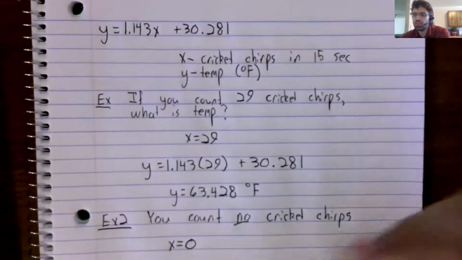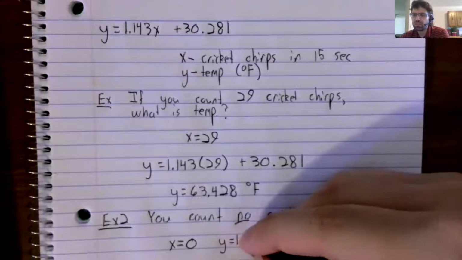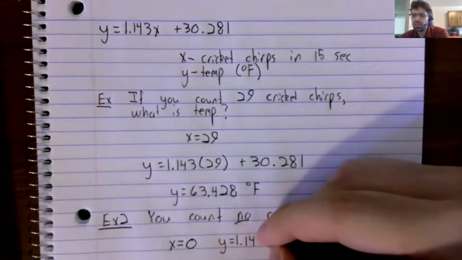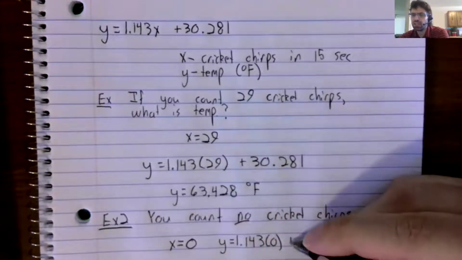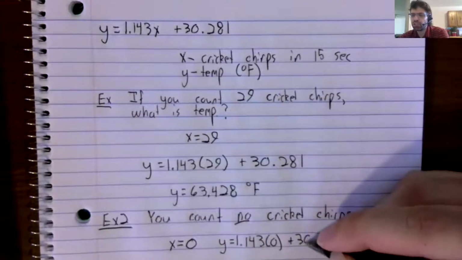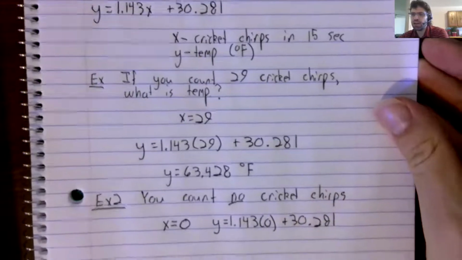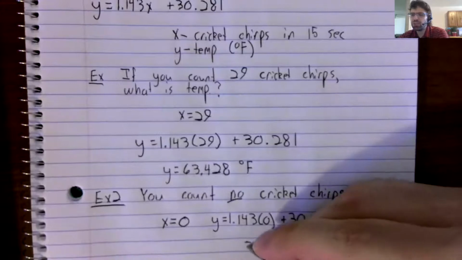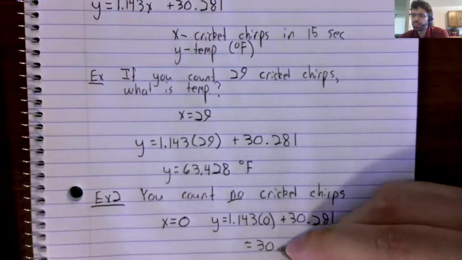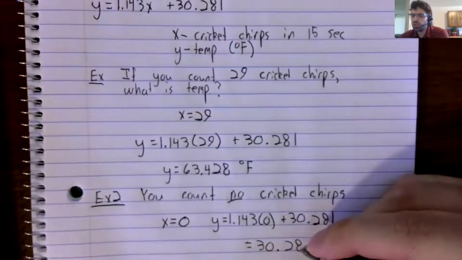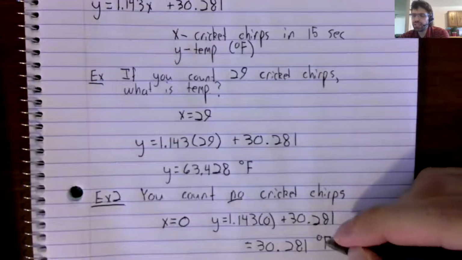Well, we can use this line of best fit to try to approximate the temperature. And we calculate that if we count 0 cricket chirps, it should be about 30 degrees out.